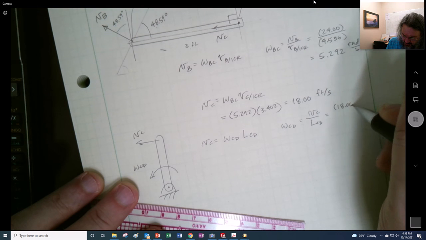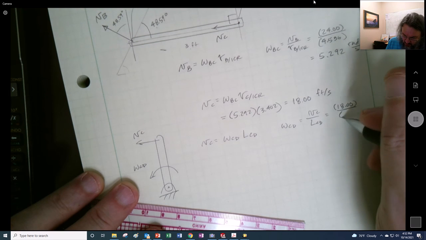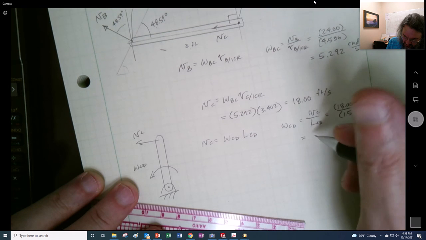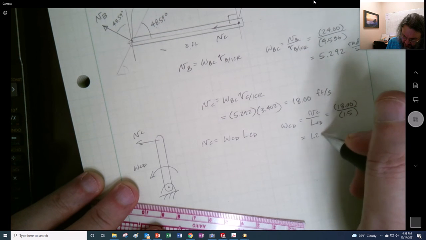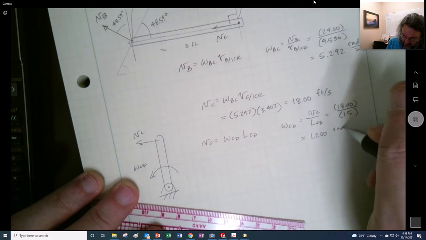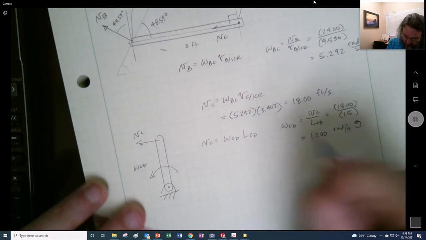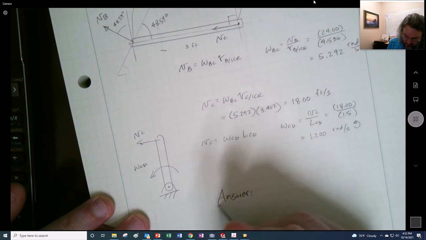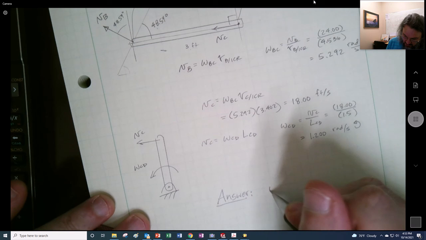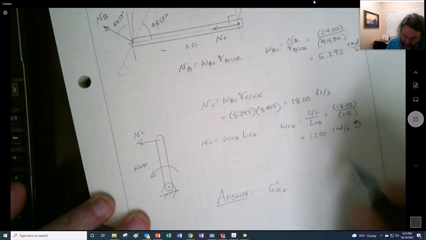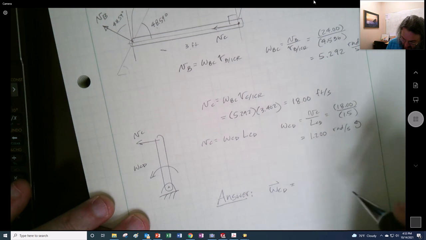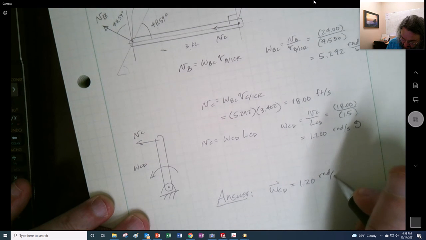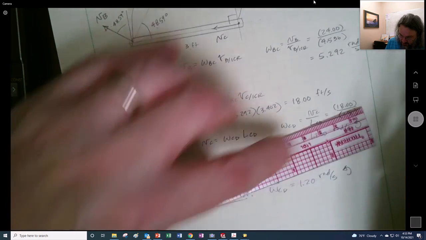Divided by our 1.5 feet, what we're left with is 1.2 radians per second counterclockwise. So the answer is omega CD, as a vector, is equal to 1.20 radians per second counterclockwise.